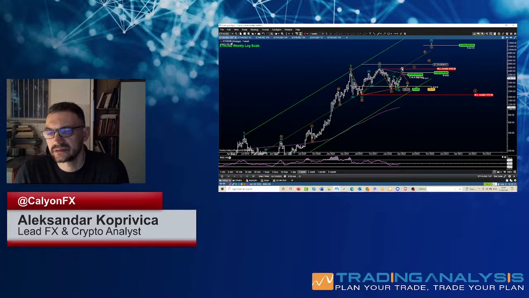I expect a test of 40K. If I see that test in 3 waves, 40K will be a final bottom for me. Any move on the downside, I will have to change my outlook. So I'm usually precise in what I'm saying. So for me, I would like to see more upside to qualify this, and then a 40K test, and then a further move on the upside. So that will be my outlook currently.